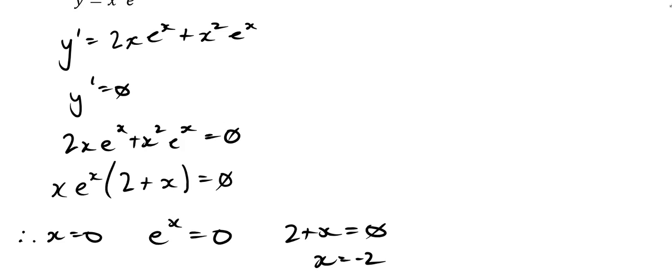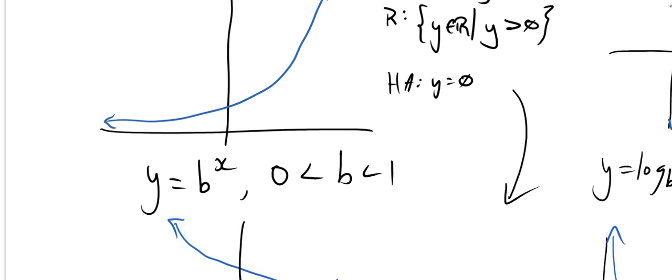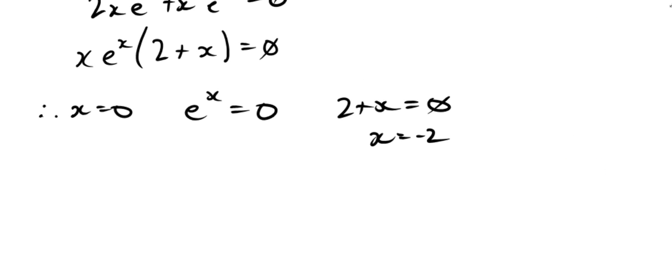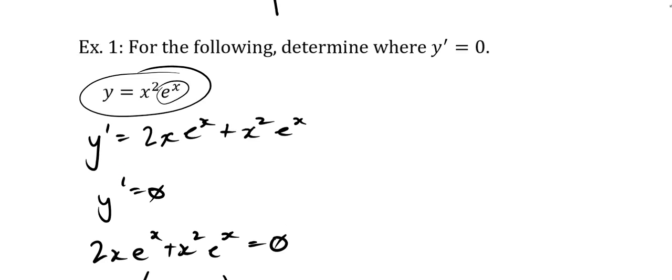Can the input of this function, which is an exponential function, be anything? We look here and we see our domain, x is an element of the real numbers, x can be anything. So any input is fine. Does that make sense? So 0 is good. I can throw 0 at that and it'll work. You could try it if you want. You could do that in your head pretty easily, but you could always stick it in your calculator and make sure you get a value.